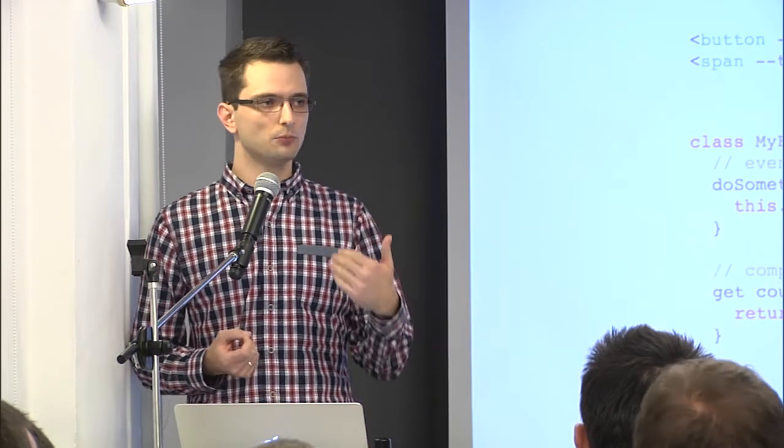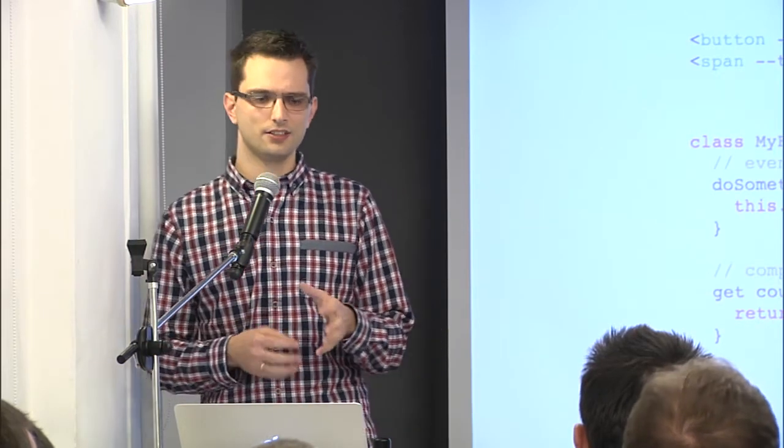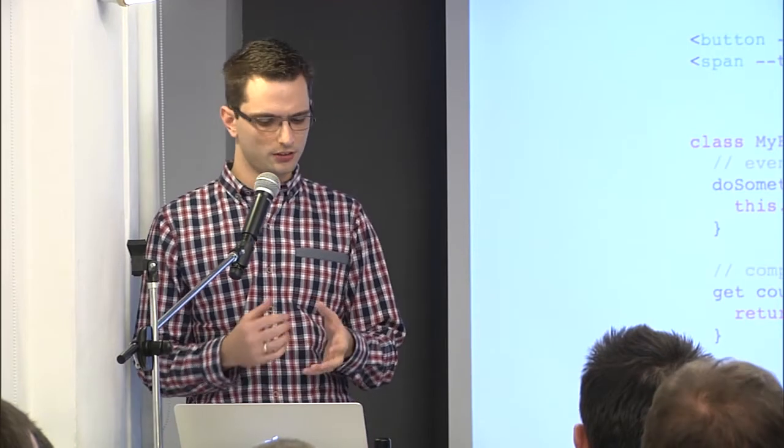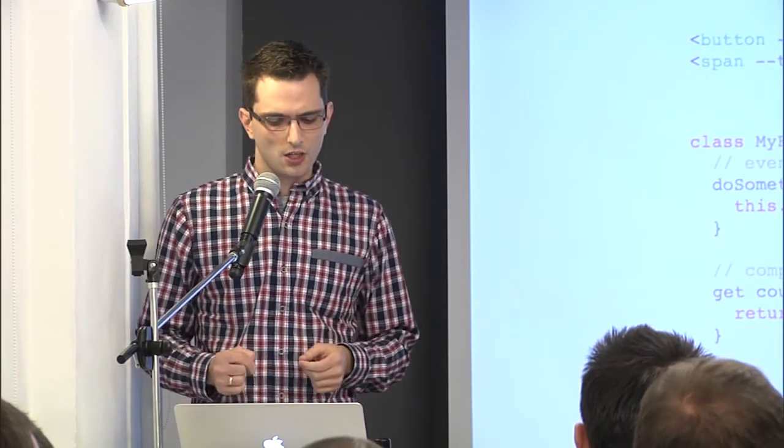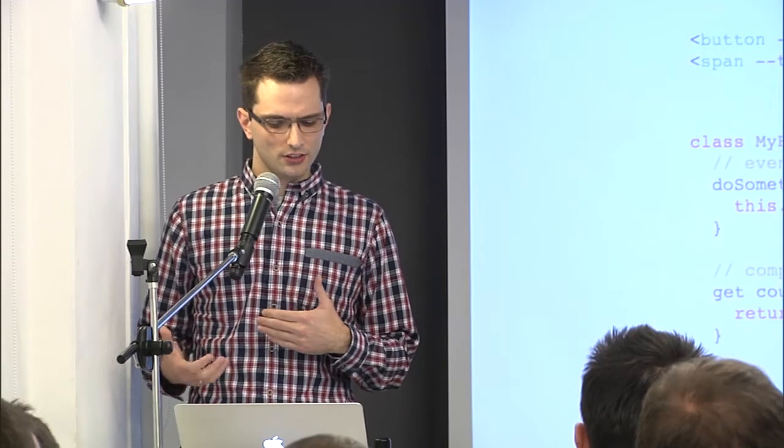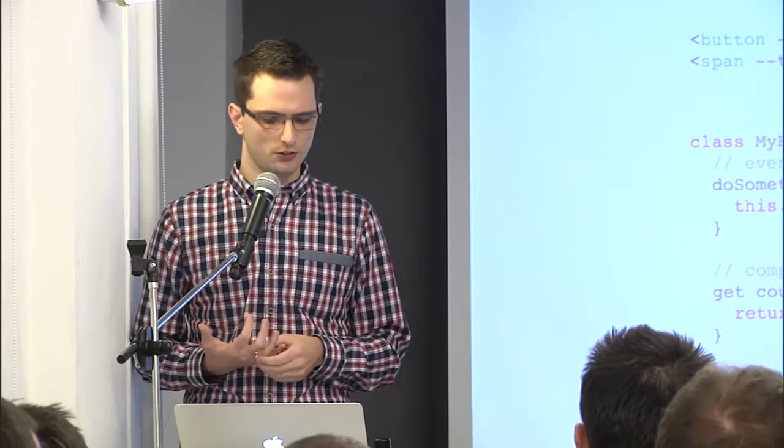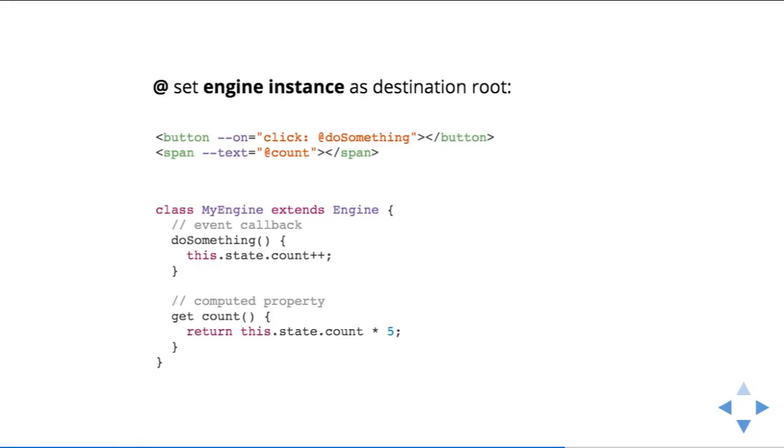Because if I extend my engine, this is just ES6 markup, but it could be done in a different way, my engine has a doSomething method and also a computed property count. So when I push this add prefix, I can use them both.